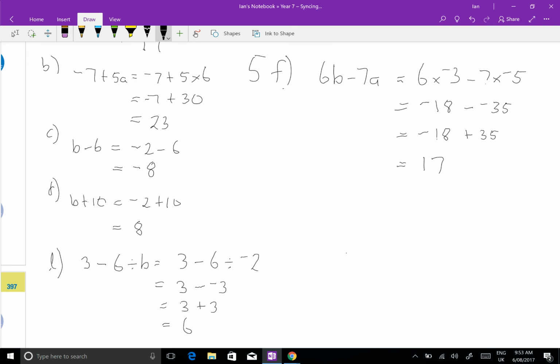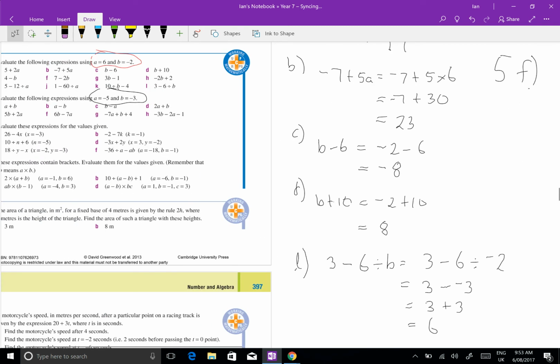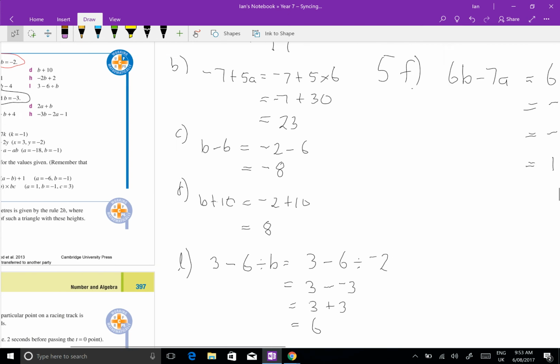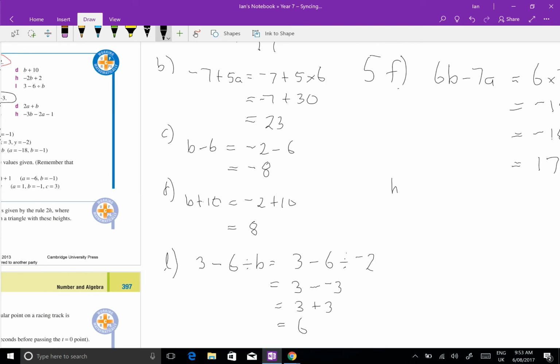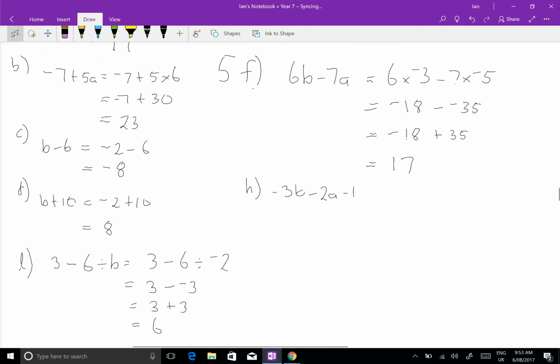So I'm doing 5. And I'm going to have a go at 5H. And 5H is negative 3b minus 2a minus 1. Now remember, I'm letting b equal negative 3. So negative 3 times negative 3 minus 2, and a is negative 5. I'm substituting a as negative 5 times negative 5 minus 1.